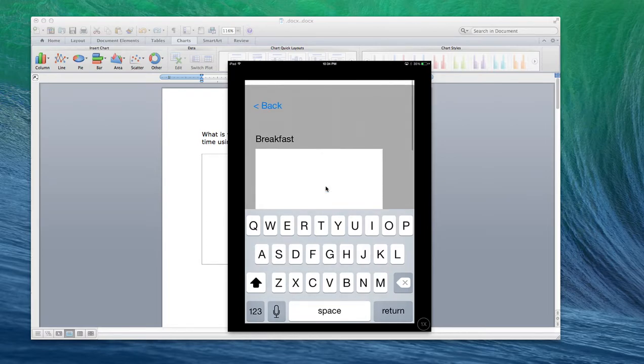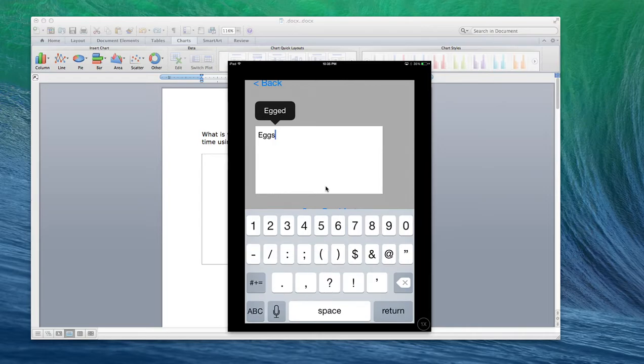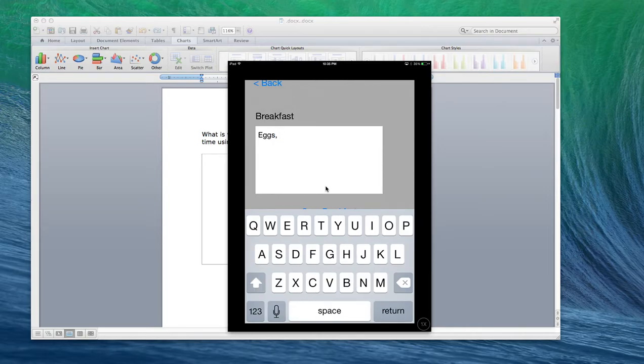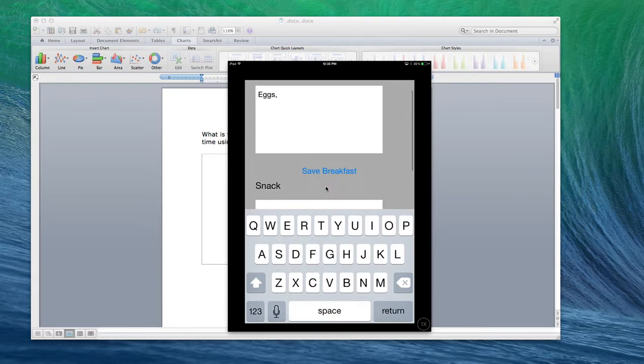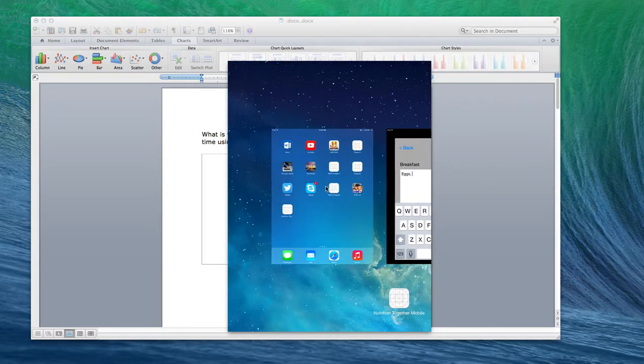Based on user feedback, I elected to go with the input boxes like this, so people could just write what they had for breakfast, for instance, then save each one of them and submit them to the report. So those were the two main changes that I made to the application.